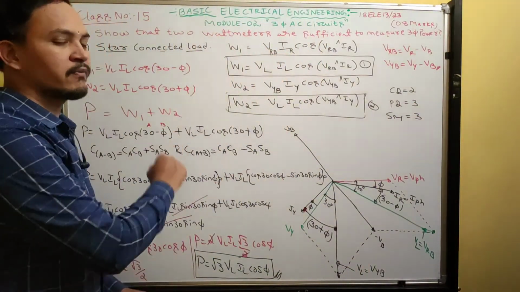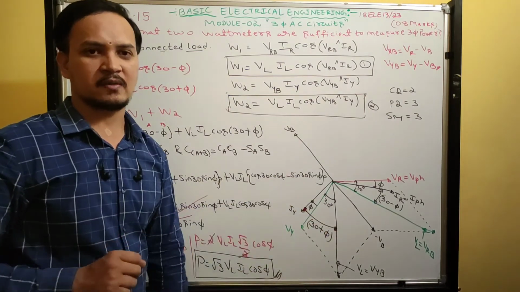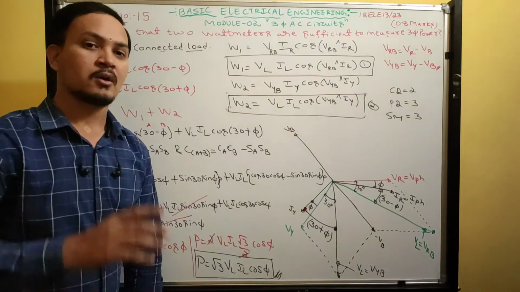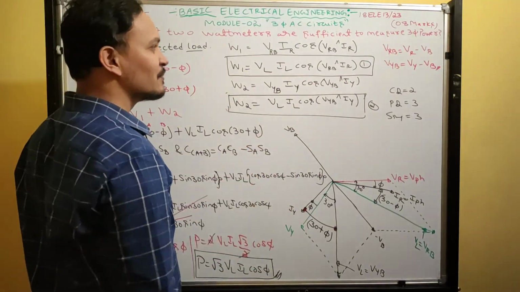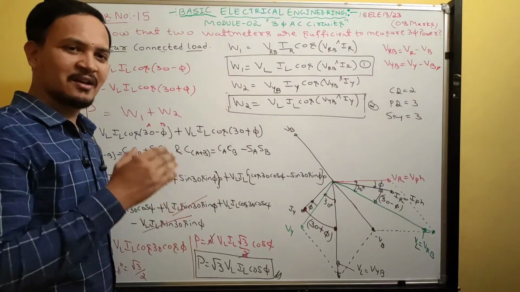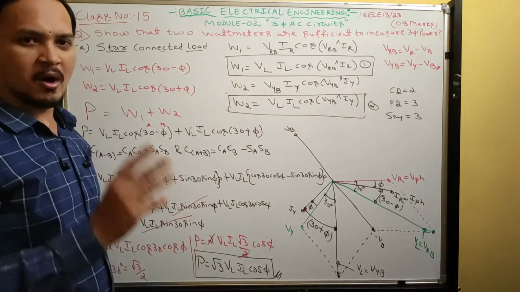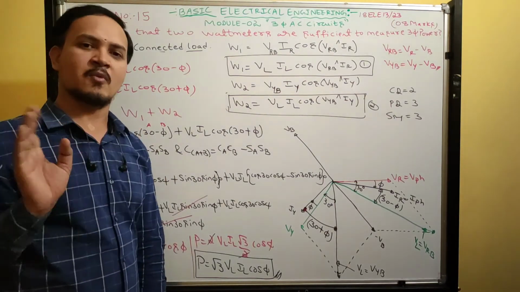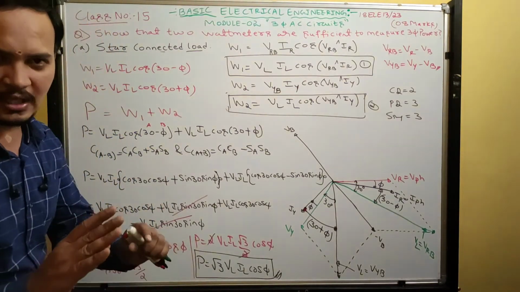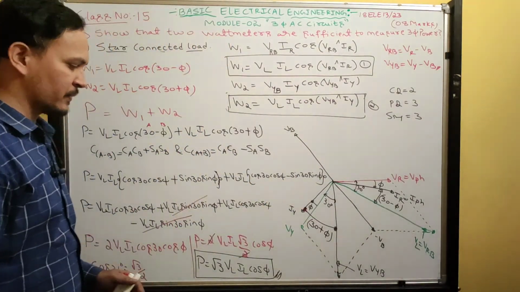If you have not written the phasor diagram, you are going to lose 3 marks. The phasor diagram is very, very important. Most students in the exam won't write it. They will simply write 30 minus pi and 30 plus pi and then proceed, and they will lose 3 marks. The evaluator simply closes their eyes and reduces 3 marks. So don't give that chance. I hope you understood how to write the phasor diagram.